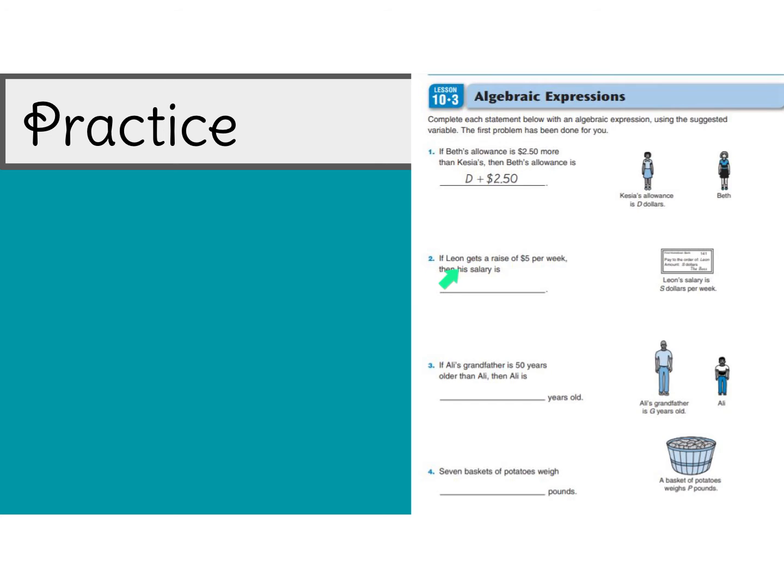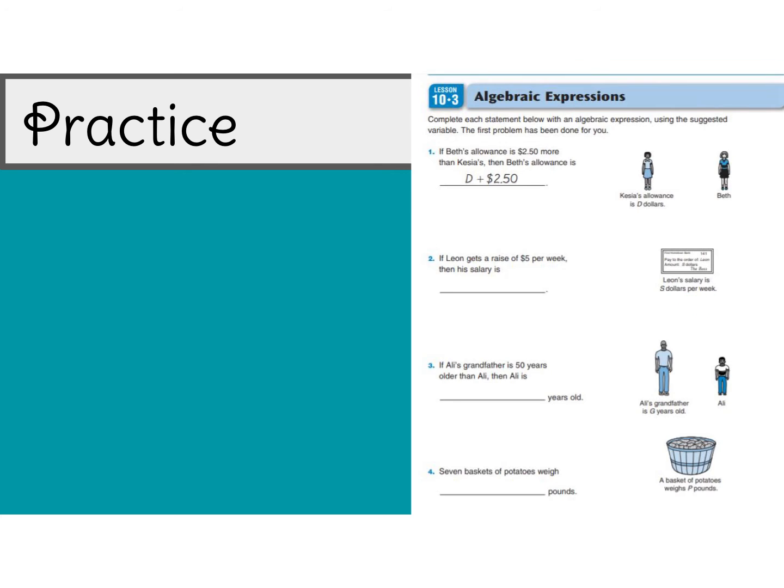If Leon gets a raise of $5 per week, then his salary is, and we have to come up with an equation. So let's take a look at what they've given us over here. So they've got a little fake check here that says it's going to pay to the order of Leon, $5. It says Leon's salary is $S per week.